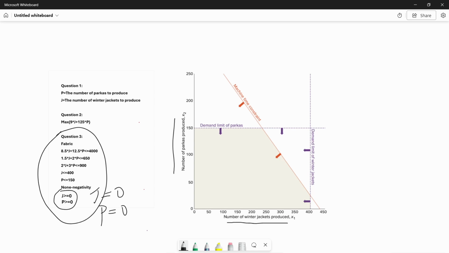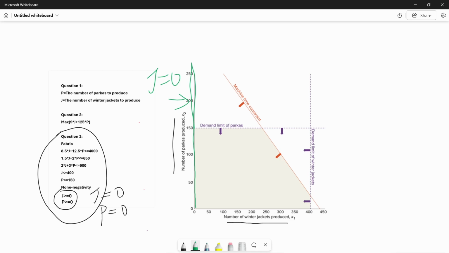Again, when you try to find the physical region, always start by assuming the constraint has only an equal sign, with no inequality sign. For j equals 0, since I'm using the horizontal axis to label jackets, j equals 0 is this line, because everything on this line has j equal to 0.